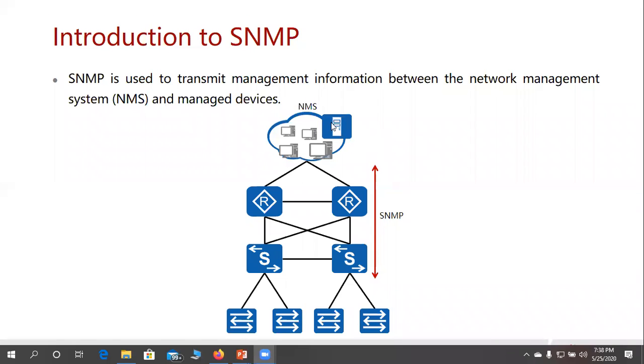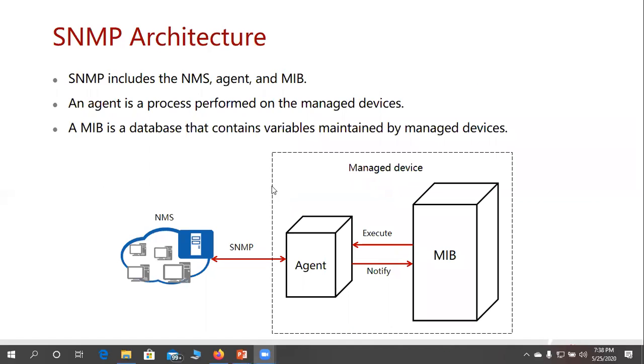And when you're sitting here as an admin, you'll be able to know whatever is happening to each and every device. Okay. And SNMP has 3 versions. There's version 1, there's version 2c, and the latest version, version 3, which you're supposed to use because it has encryption.